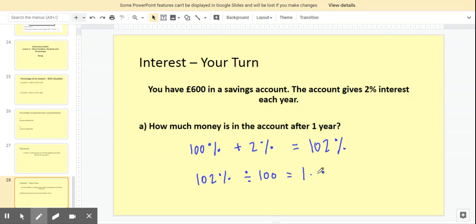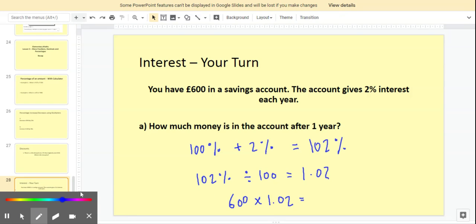So it gives 1.02. And then we multiply our amount by 1.02, which will give us £612.